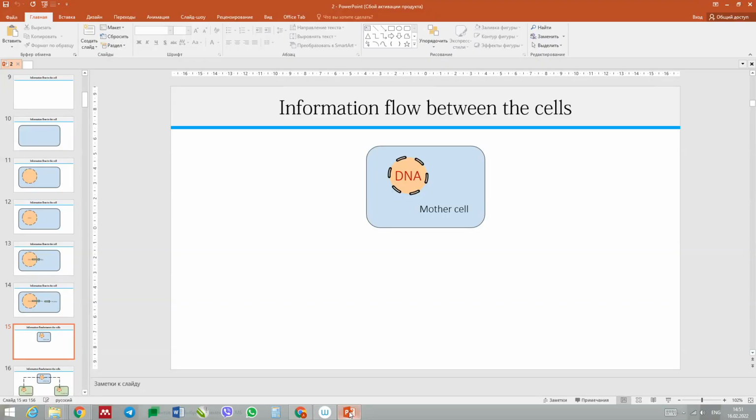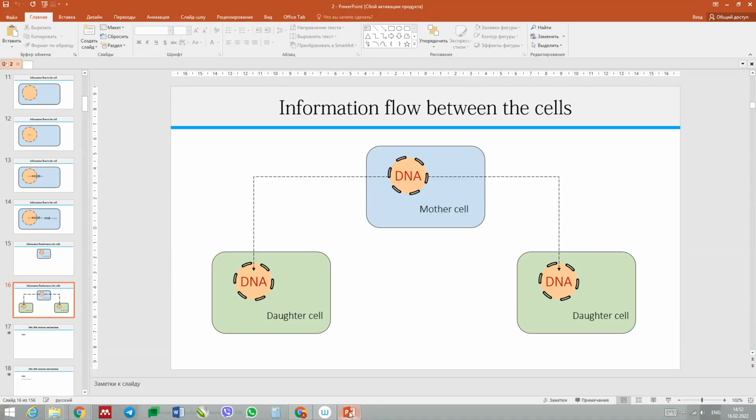Also, DNA is used for transfer of information from one generation to another generation. And this is relevant in terms of parents and children, and also in terms of cell division. Let's imagine that here we have a so-called mother cell with genetic information that is located inside of the nucleus, inside of the DNA. And then this mother cell will give rise to two new daughter cells.